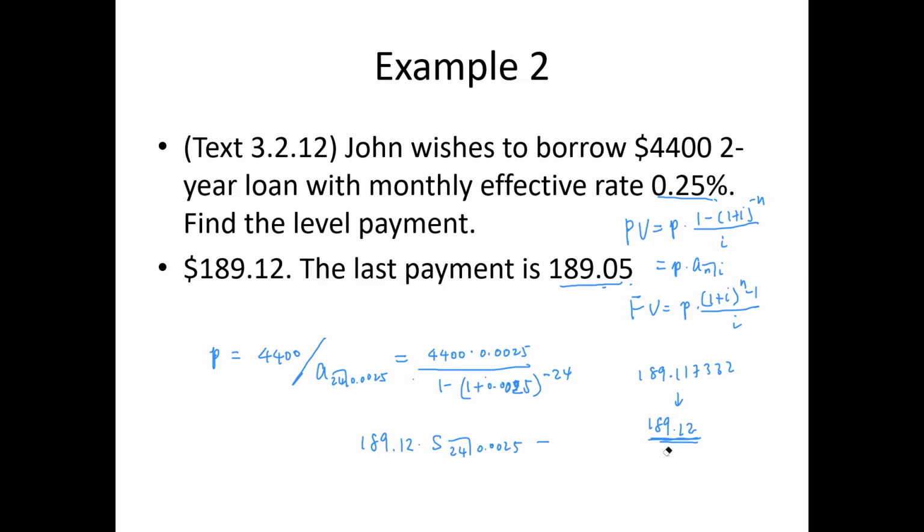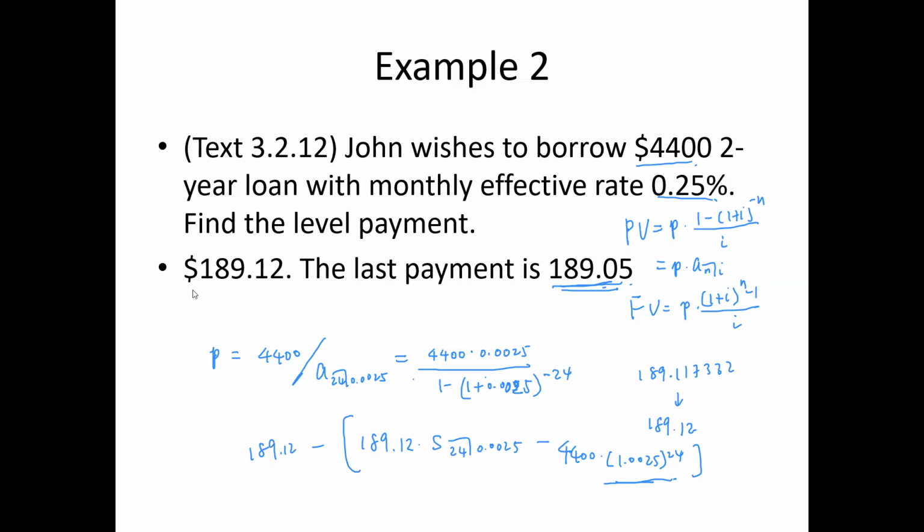Actually, it's a little bit tedious, I guess. 4400 times 1.0025 to the 24. That's the accumulated value for the loan. So this is not the annuity formula. So this is the discrepancy, and then you subtract that from 189.12. You will get that. Okay. All right.